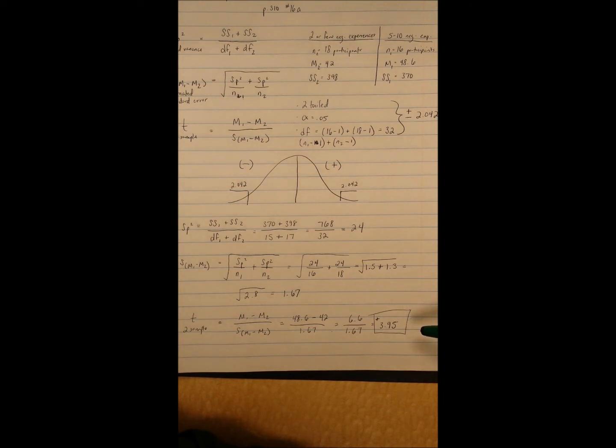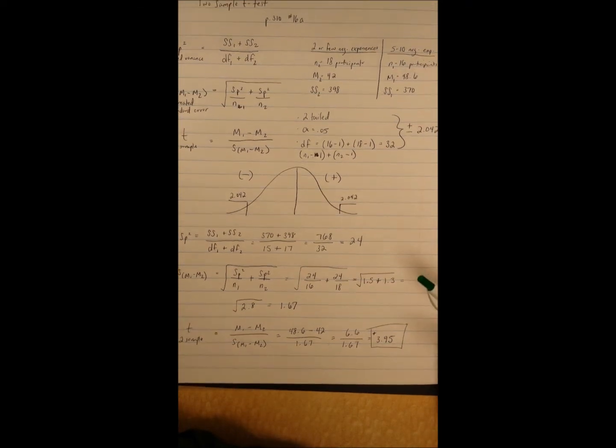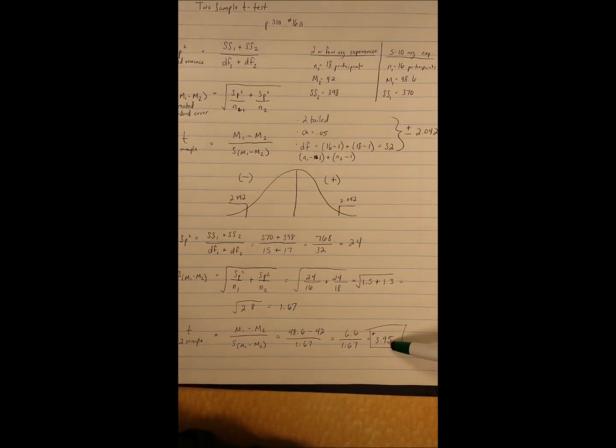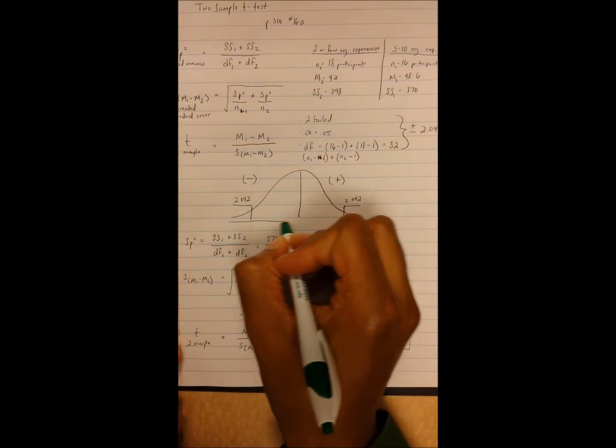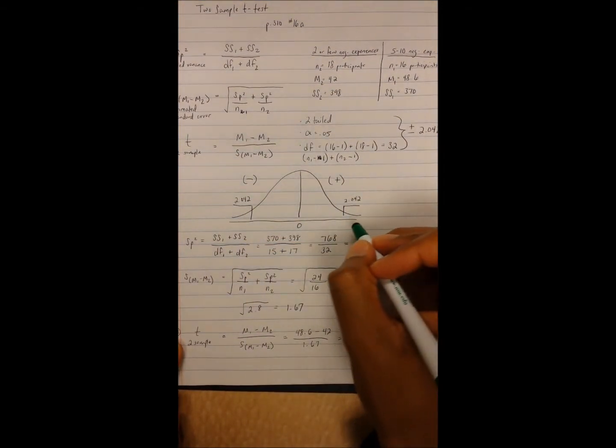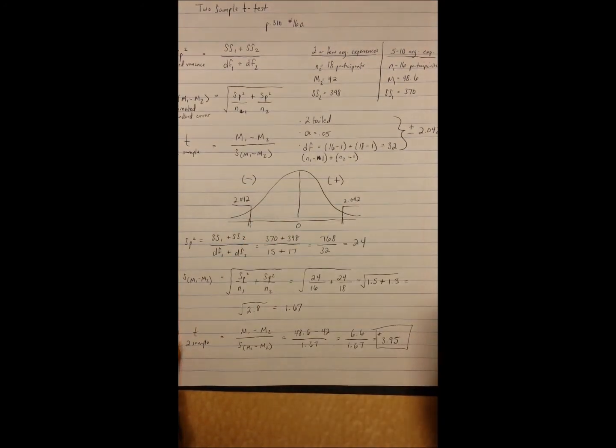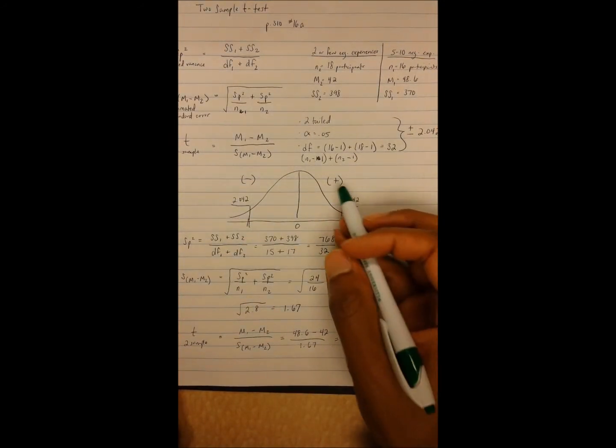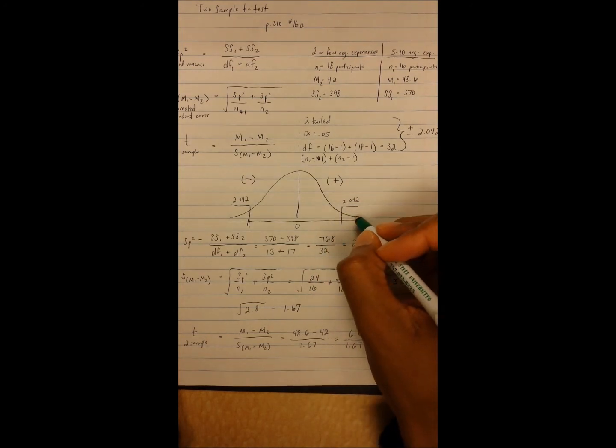Now, in terms of figuring out if the null hypothesis is true or false, you have to compare your calculated T to your T critical. Now, 3.95 is greater than a positive 2.042, right? If we were to go to our curve here and zero is in the middle, we would find that 3.95, and it's a positive score, so it's on this end, 3.95 would probably be somewhere out here.